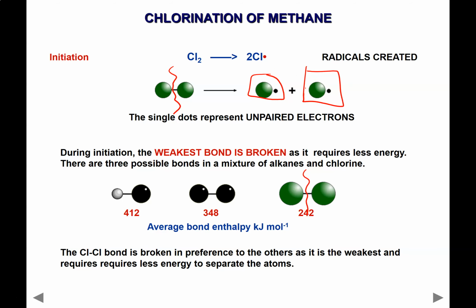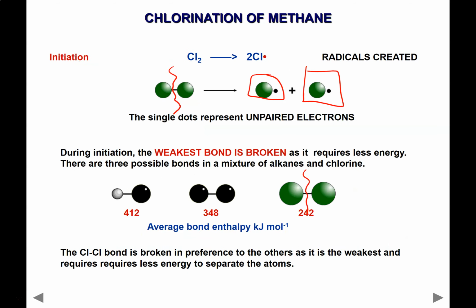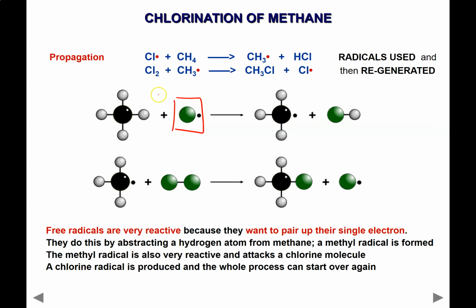These then can go and attack the methane molecule. This is our propagation stage. So you see here we have our chlorine free radical that we made in our initiation stage. This then attacks, we use the term attacks, this methane, and it goes on to bond with a hydrogen. So it takes a hydrogen off and it forms this methyl free radical, CH3.